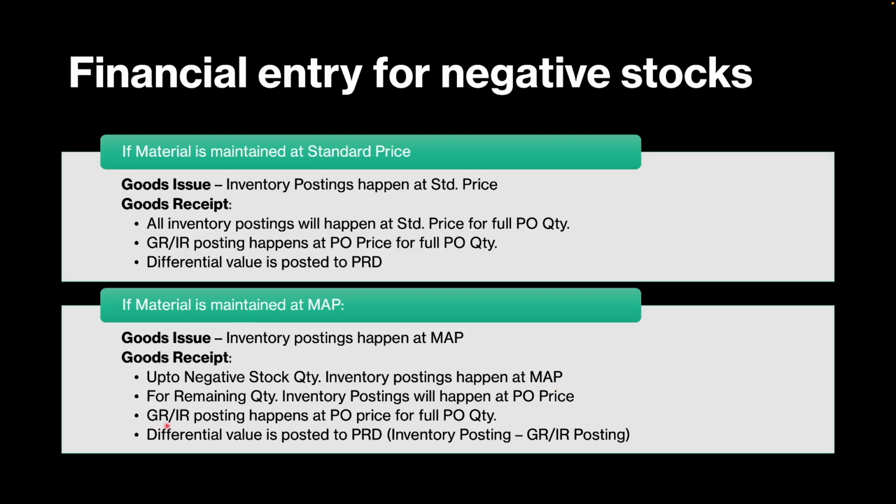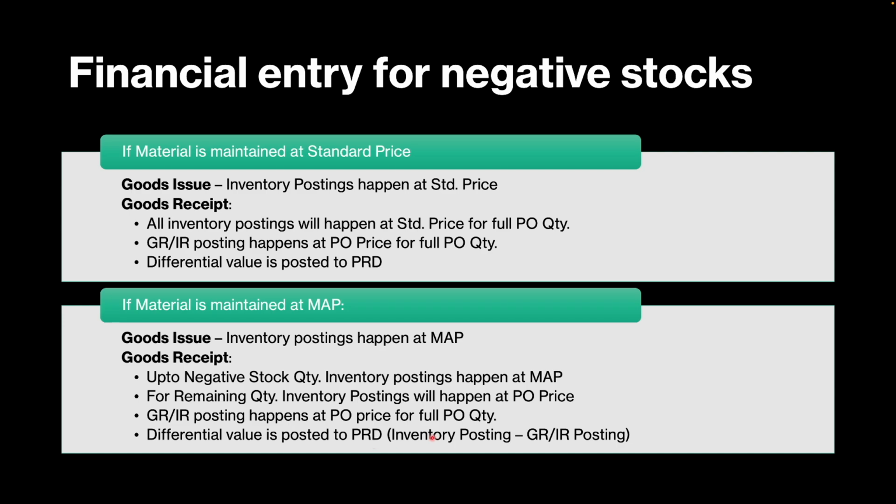Now you can see the GRIR posting has to happen at PO price only for the full PO quantity. Why? Because you have to pay the vendor for the full quantity at the PO price only. But for inventory posting, it is divided into these two lines. If there is a difference between the sum of these two postings and the GRIR posting, then in this case also you will have a differential value getting posted to the price difference account.